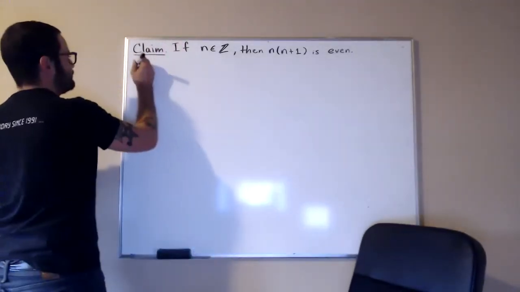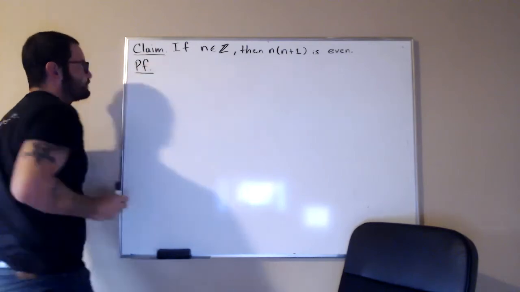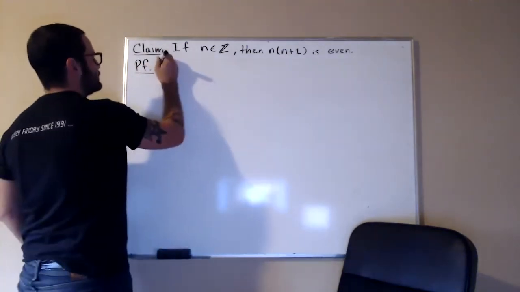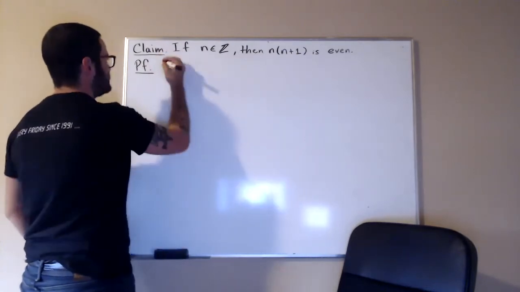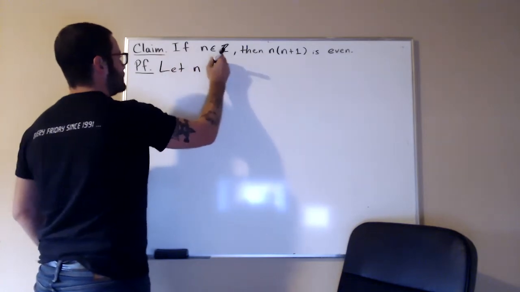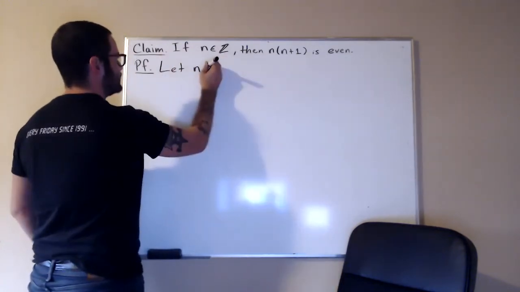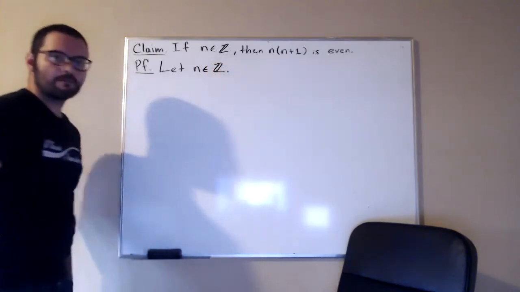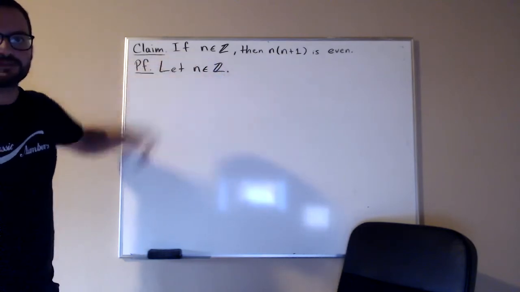So proof, okay. So we're going to say, let's go ahead and use the same notation, so let n be an integer. Okay? So we're assuming the hypothesis, it's a direct proof.